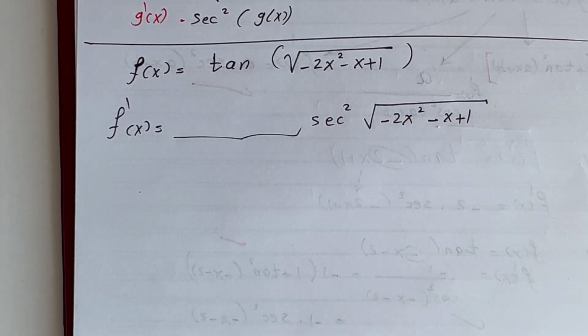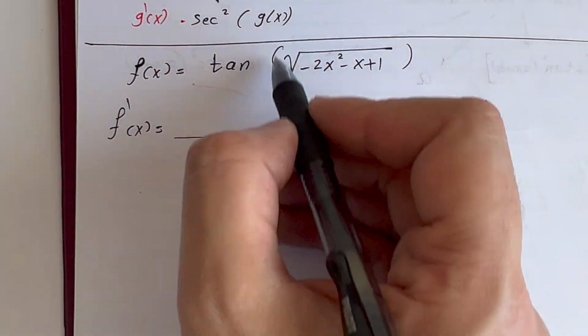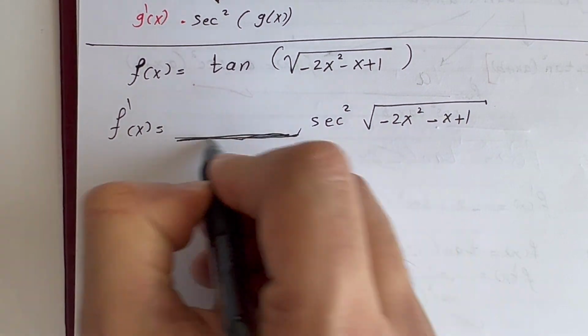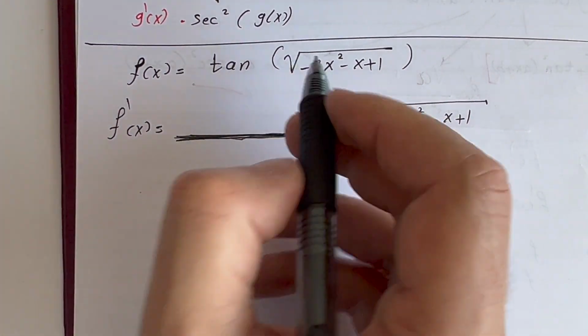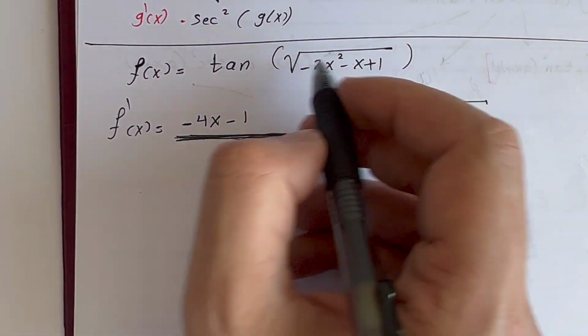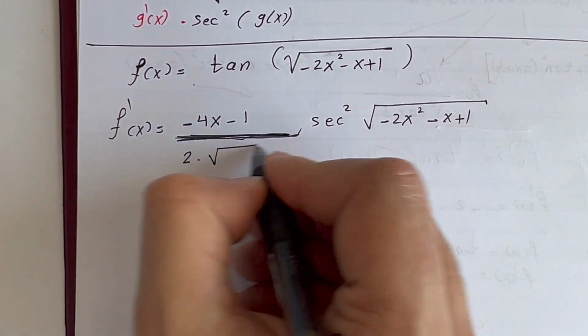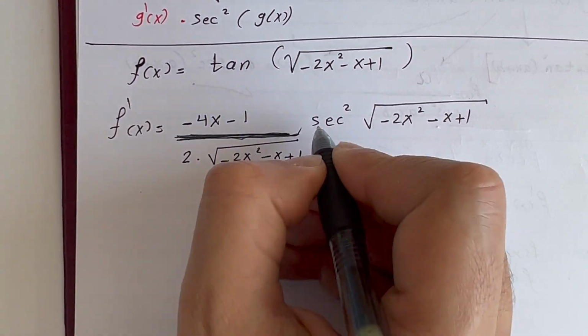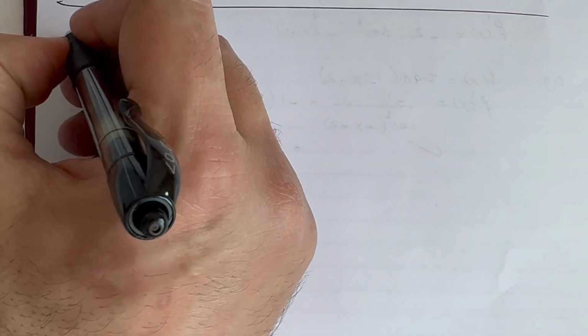And now, since the angle is a cocktail, I need to take the derivative of this. What is the derivative of a square root? It's a fraction. The derivative of what's inside is up, so (-4x - 1) over 2 times the same square root, -2x squared minus x plus 1. That is all.